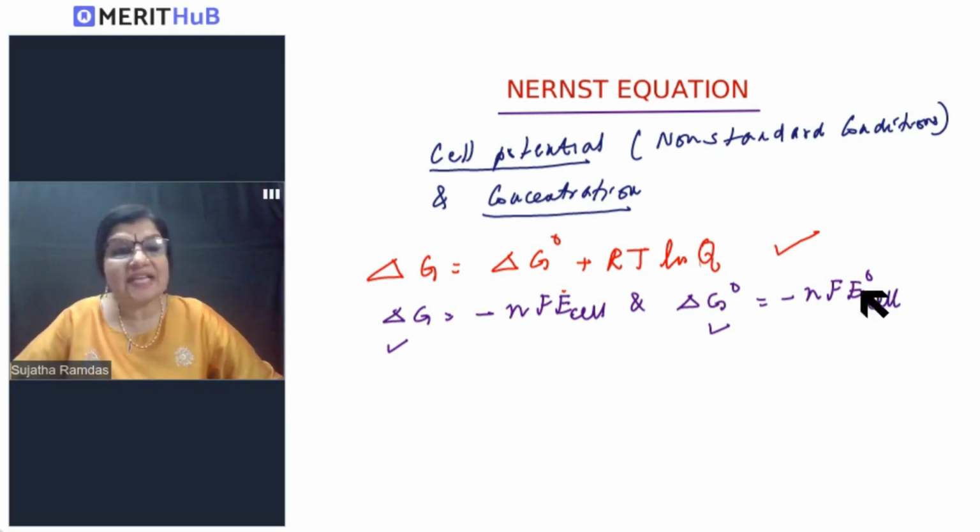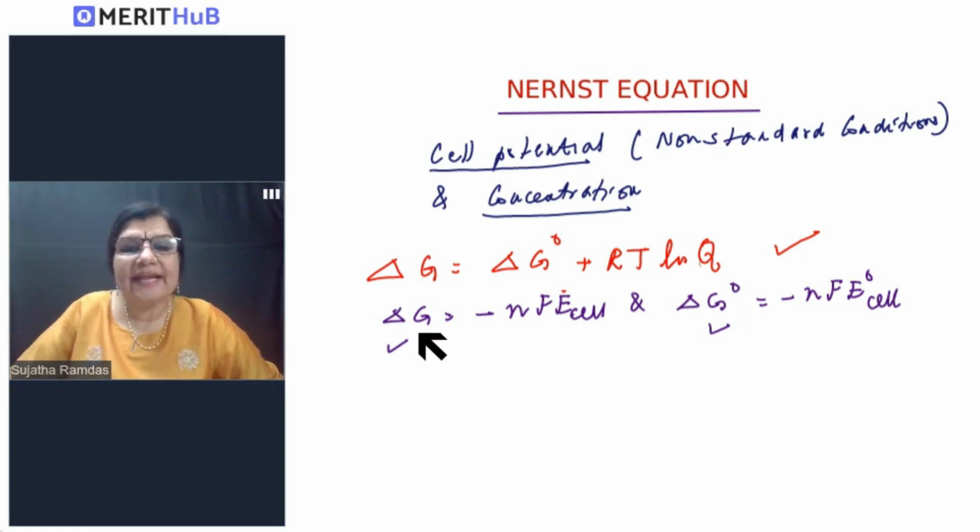So, a positive standard cell potential and a negative free energy change signify or result in a spontaneous reaction. So that is the relationship between the free energy change, delta G, and the cell potential, E cell, in general. So now let's substitute delta G and delta G naught in the first equation.